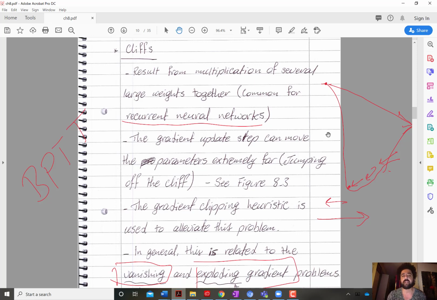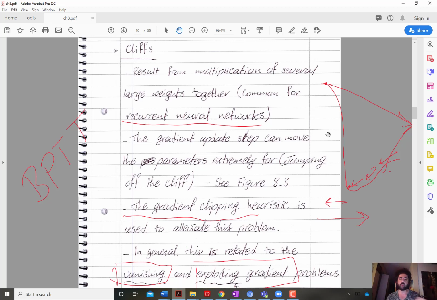And basically, the current solution to this phenomenon is to do something called gradient clipping. And gradient clipping is the following. Even if I fix the learning rate, the problem of the cliffs can still happen, right? Because the gradient magnitude can become large. And what gradient clipping does is that it puts a threshold on the gradient magnitude in the step that I'm making, right?